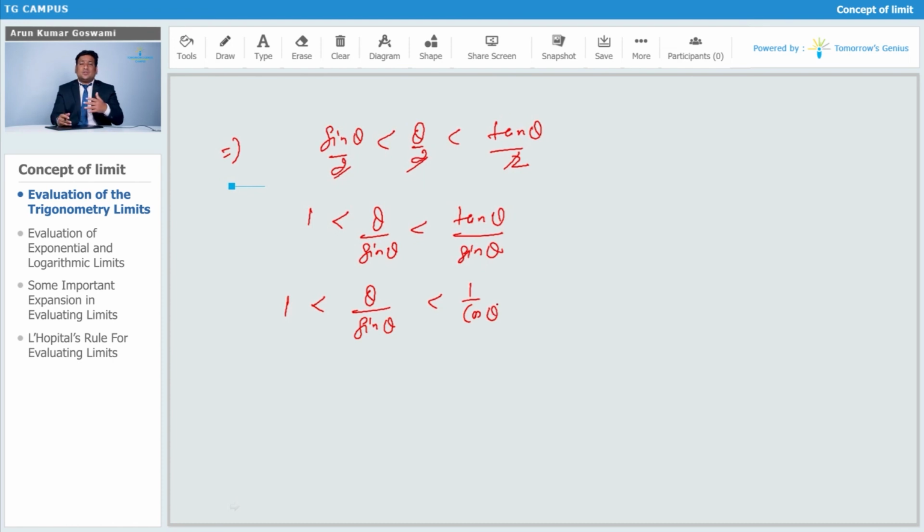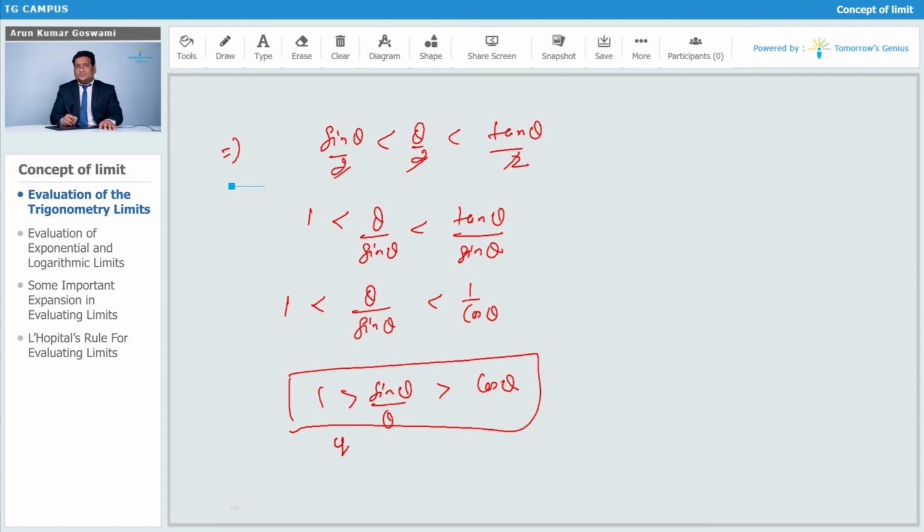Now what I'll do is take the reciprocal of that. If I take the reciprocal, my inequality sign changes. So we get sine theta by theta, and the inequality sign changes here, cos of theta. Now a very, very important point here is that when the limit is theta tends to 0, cos theta will definitely be equal to 1, because cos 0 is 1.